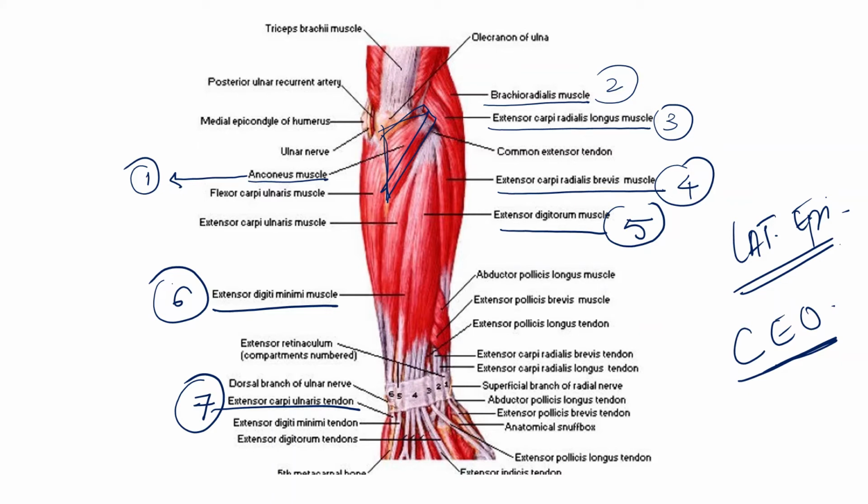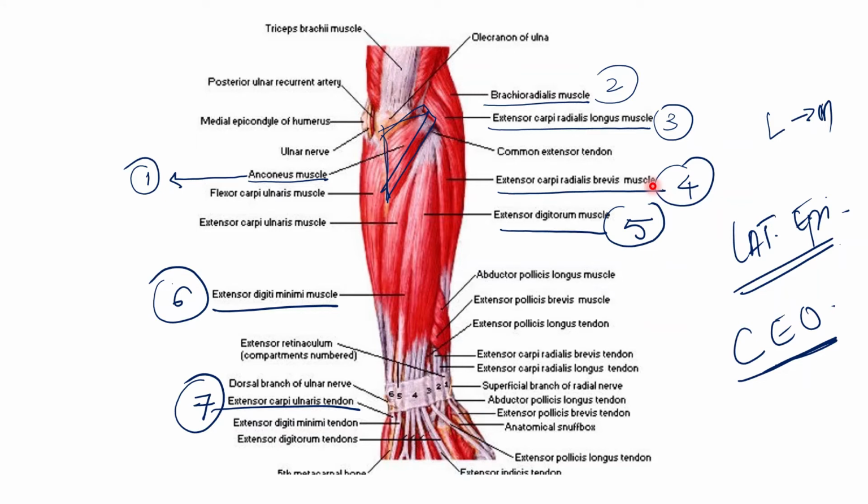So from lateral to medial side, the arrangement of muscles is in this fashion. Most laterally lies the brachioradialis. This brachioradialis also makes up the lateral boundary of the cubital fossa. Adjacent to it lie the extensor carpi radialis longus and extensor carpi radialis brevis.